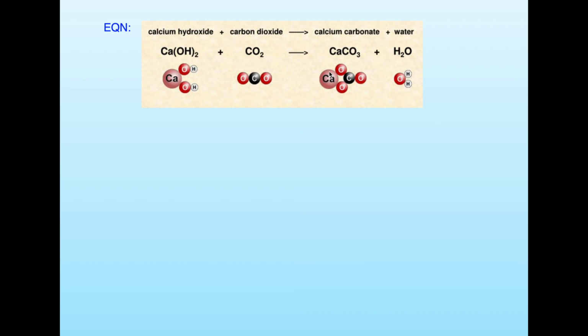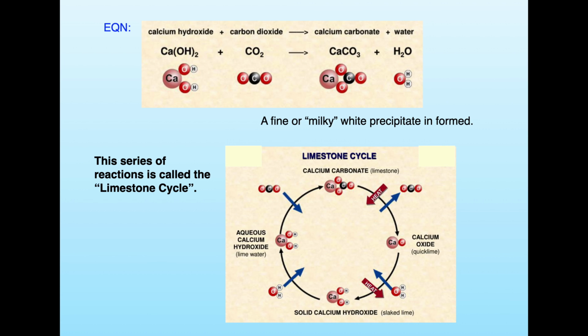And this, my little chemists, is why it turns milky. It goes cloudy: a milky white precipitate of calcium carbonate is formed. So we've gone full circle. We did calcium carbonate thermally decomposing to give quicklime, with water to give slaked lime, and slaked lime would give calcium carbonate. No wonder it's called the limestone cycle.